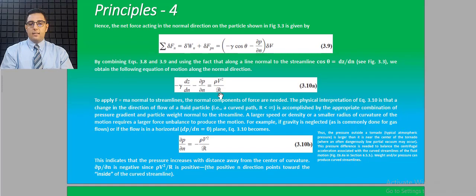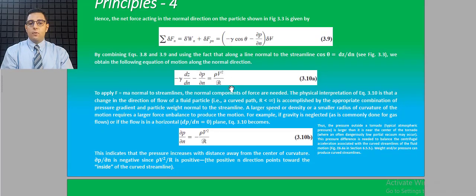This means that by having a higher density or velocity, or a smaller radius of curvature, we have a larger force exerted on a particle in motion.